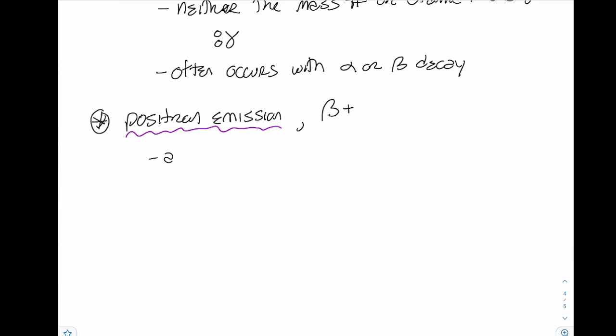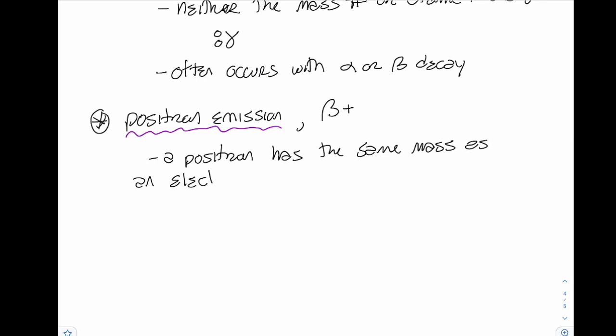So a positron has the same mass as an electron, but has the opposite sign. So electrons have a negative sign, positrons are opposite to that, so they're going to have a positive sign. So beta positive.